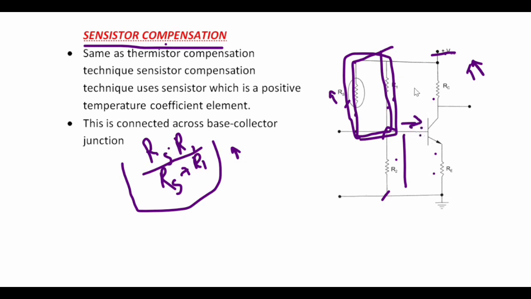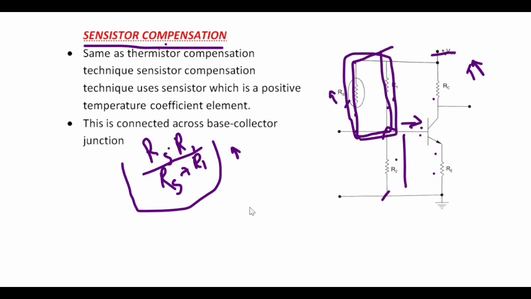This makes the base current IB decrease, and in turn reduces IC. We have seen earlier that IC is equal to beta IB plus 1 plus beta into ICBO. If the collector leakage current ICBO increases by 1 plus beta times, the base current decreases by beta times.